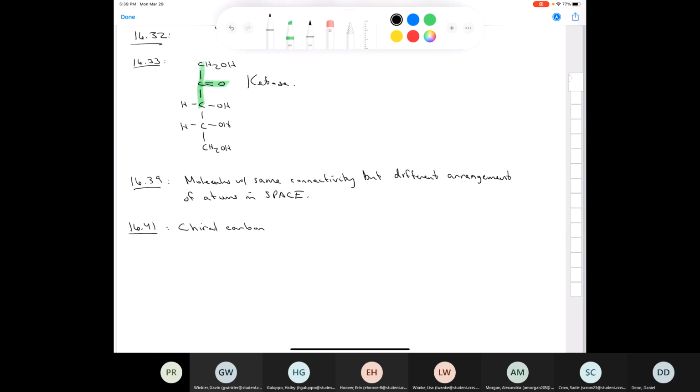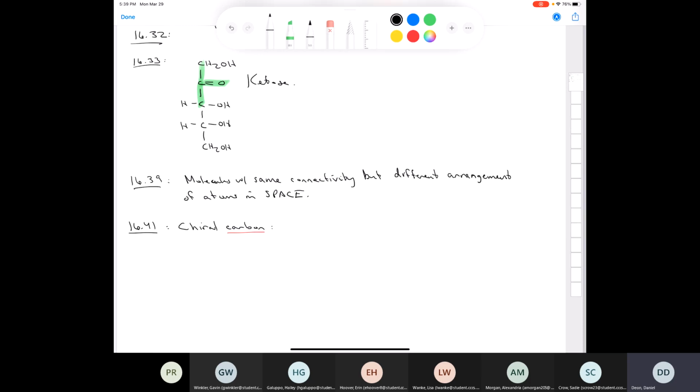Go ahead. An atom that mirrors each other with at least 4 different groups bonded. Yeah. So since we're talking about carbon specifically, it's going to be a carbon atom, right? So, yeah, exactly. So you're both in the right vein. Yeah, Gavin says it's a carbon bonded to 4 groups.